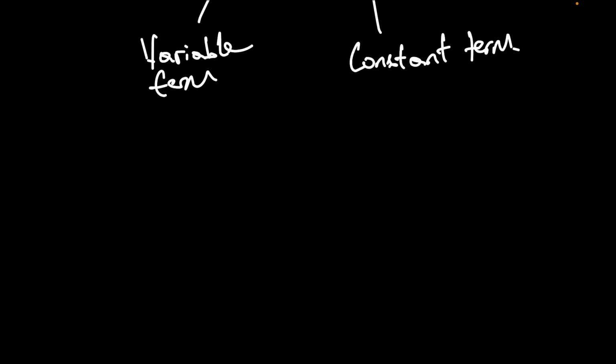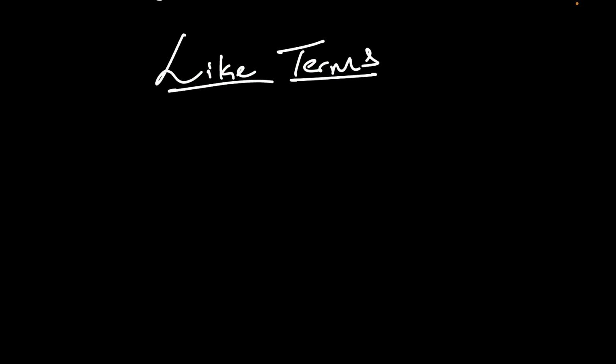Now, we also have this thing called like terms. Like terms are simply terms that have the same variable raised to the same power. Let me show you what that means. Let's say we have here 3x + 4x.